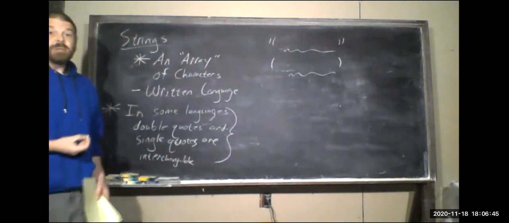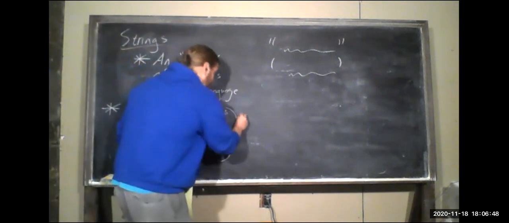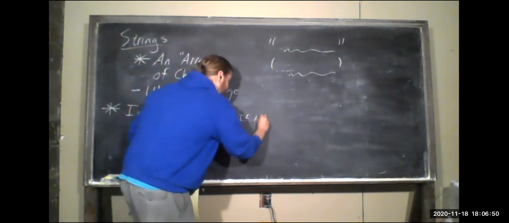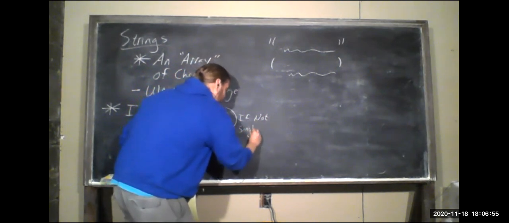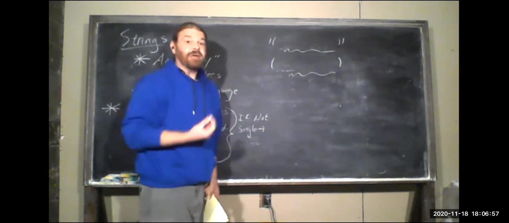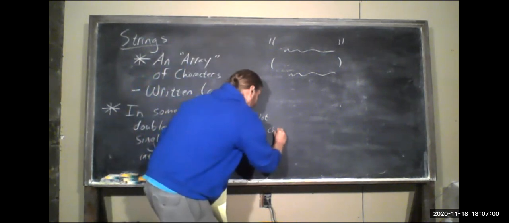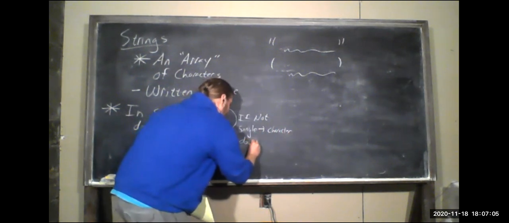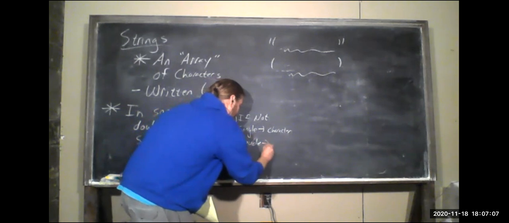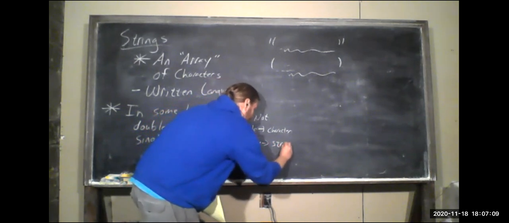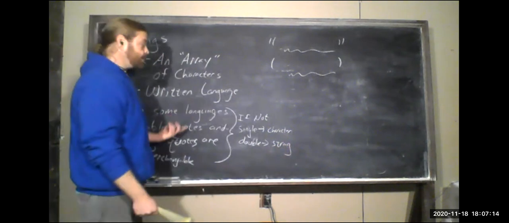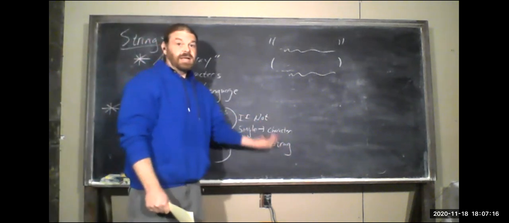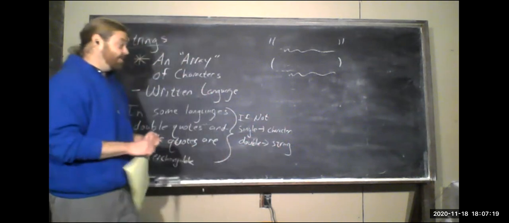And in the programming languages where they're not interchangeable, I'll just write it over here. If not, then single quote marks mean a character, and double quote marks mean a string. So in Python, we don't have to worry about that, but in some languages they are distinctly different.